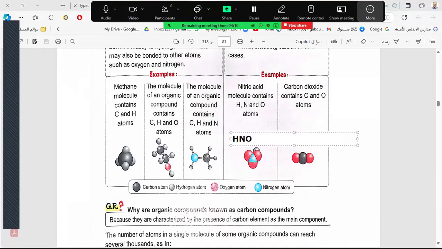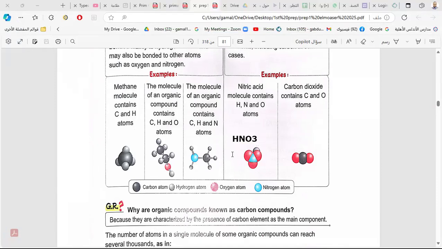Nitrogen and oxygen and the hydrogen. The red one is what? The red one is oxygen. And the gray one? Hydrogen. And the blue one? Nitrogen.